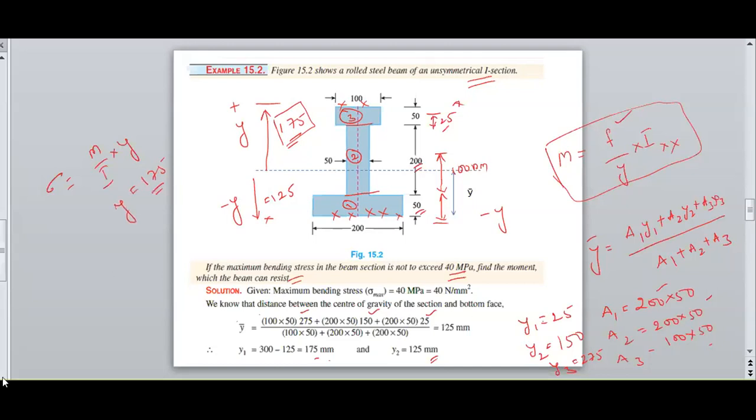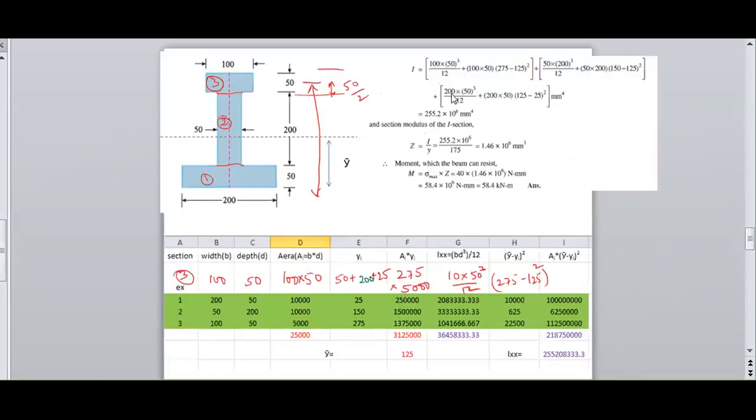Next, I need to find out the Ixx. Here the parallel axis theorem needs to be considered. Individually I need to find out the Ixx, and for the centroid axis, I need the distance. Area into distance whole square.